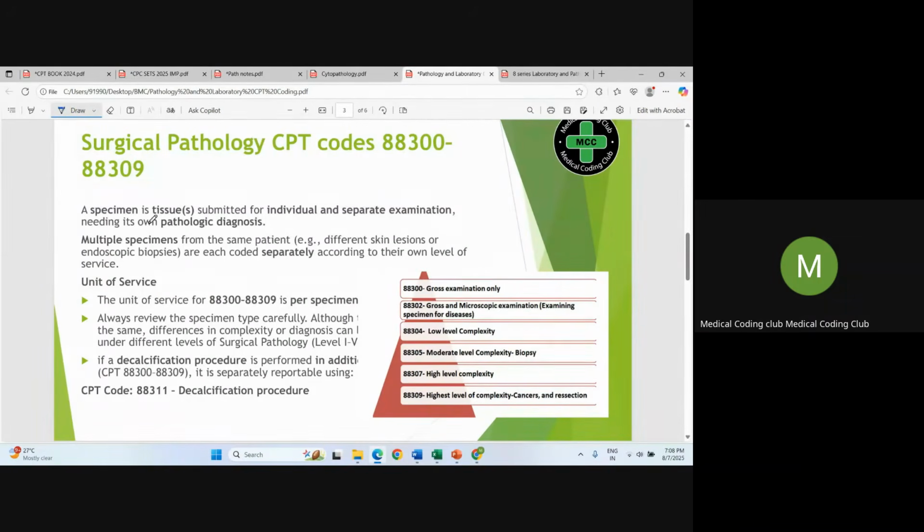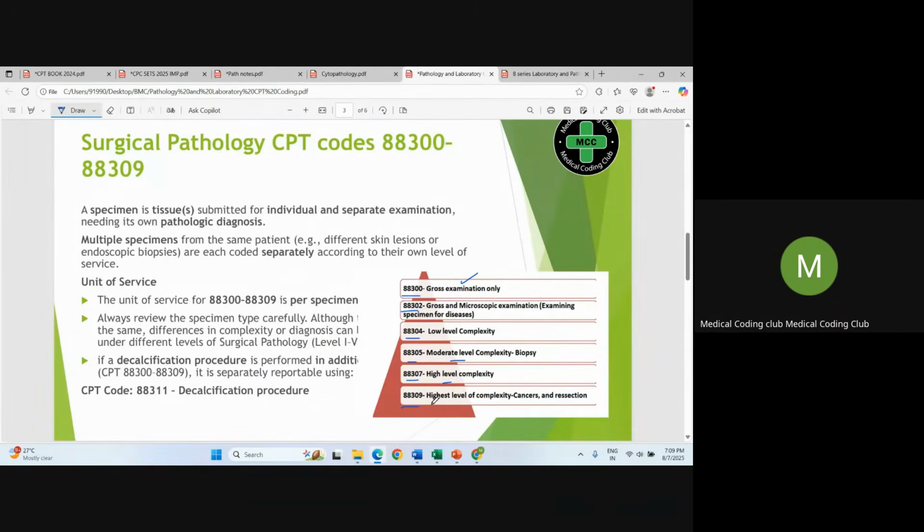You can check here. There are codes from 88300 to 88309. 88300 is a very minimal procedure where they will do only gross examination, and 88302 includes gross and microscopic examination. 88304 is low level complexity. 88305, moderate level complexity. 88307, high level complexity.